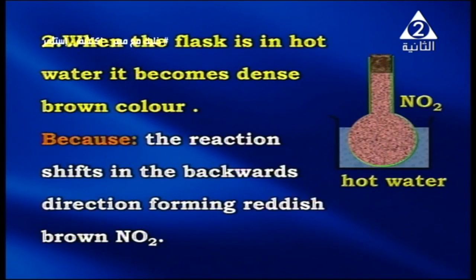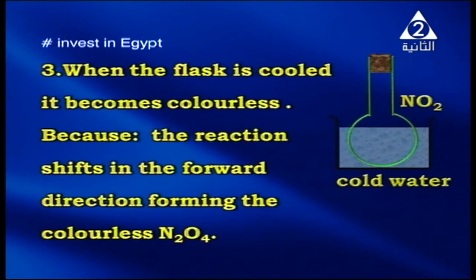So when the flask is in hot water, it becomes dense brown because the reaction shifts in the backward direction, forming reddish brown nitrogen dioxide gas. And when the flask is cooled, it becomes colorless because the reaction shifts in the forward direction, forming colorless dinitrogen tetroxide, as shown on the screen.